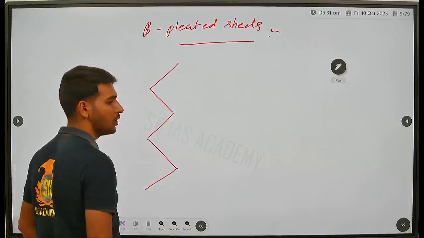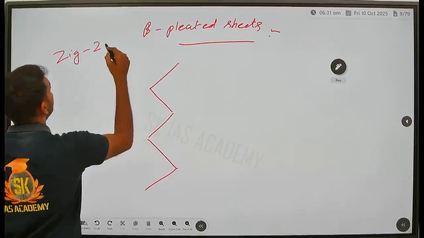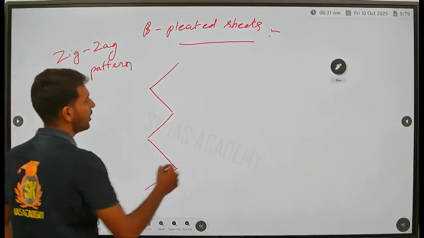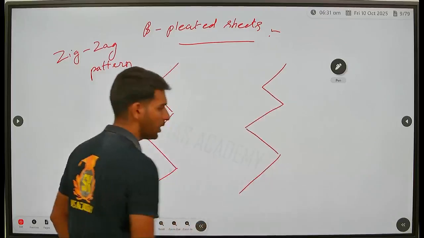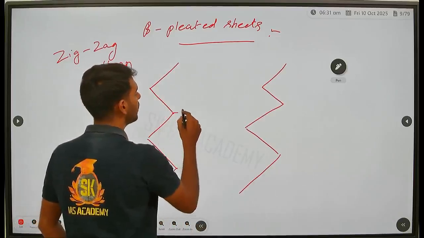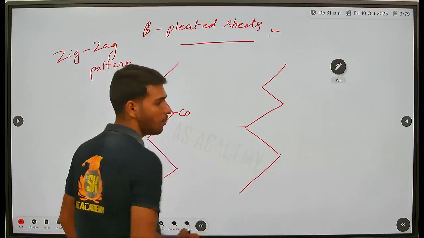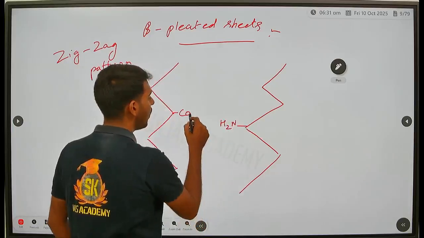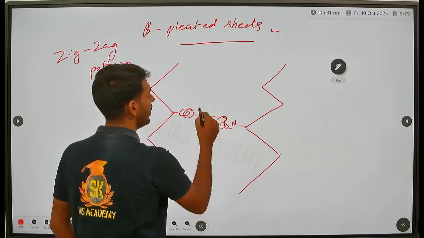It is a folded structure which shows a zigzag pattern. So, two opposite strands. Now suppose there is a carbonyl group here which has an oxygen, and suppose here is an amide group which has a hydrogen. Between this oxygen and this hydrogen there will be a what? H bond.